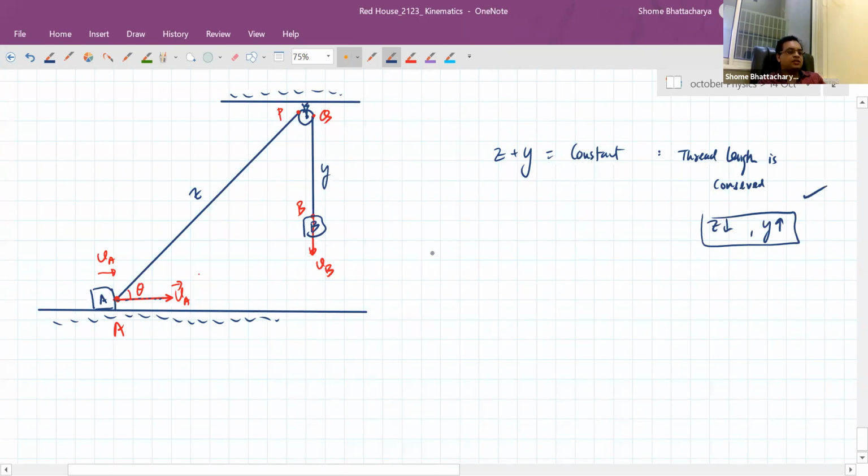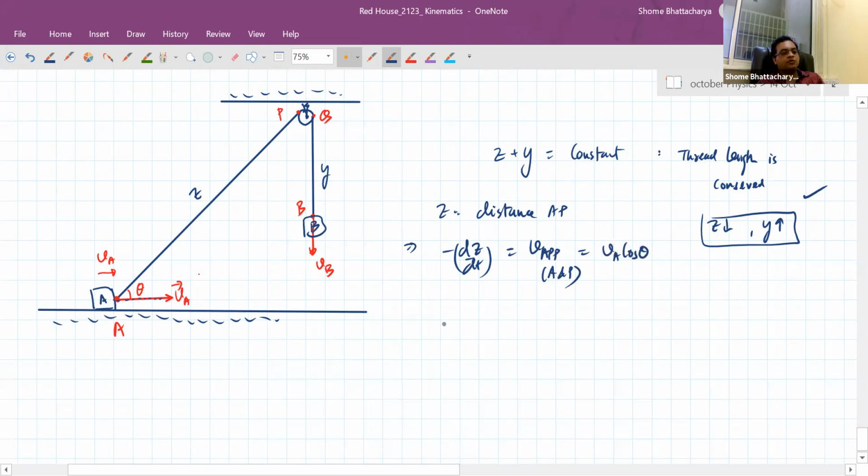Now in the diagram, you can see that Z is basically the distance AP. So minus dz by dt is the approach velocity of A and B, which in the diagram you can see is how much it is, VA cos theta.